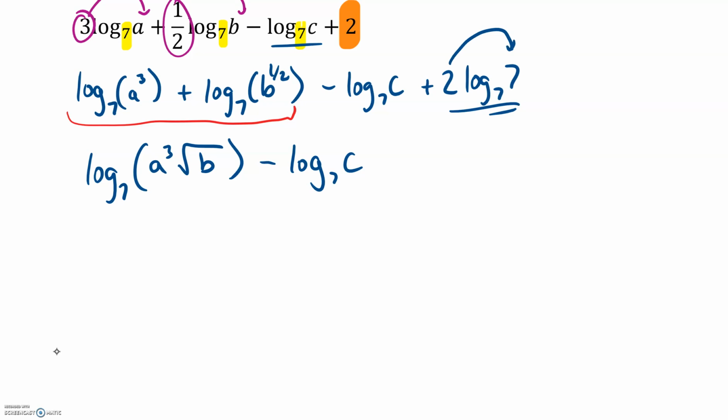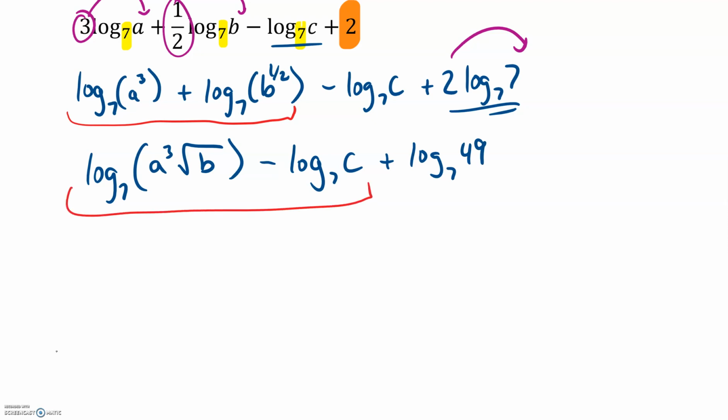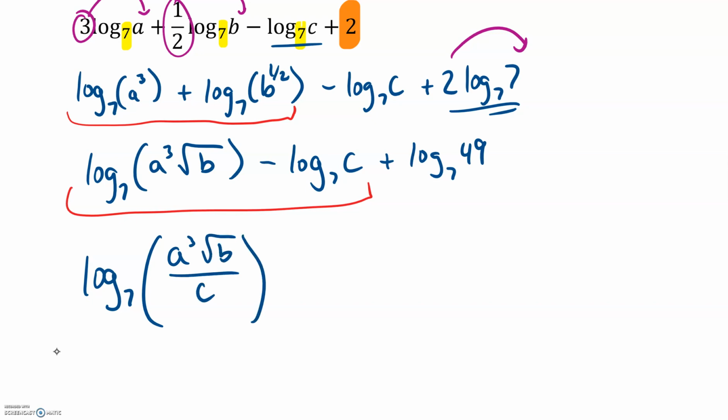I'm going to bring that 2 and turn it into an exponent and write it as log base 7 of 49, because 7 to the second power, 7 squared, is 49. And now I can combine these two logarithms using the quotient rule. So I get log base 7 of a cubed times the square root of b over c. We still have plus log base 7 of 49.